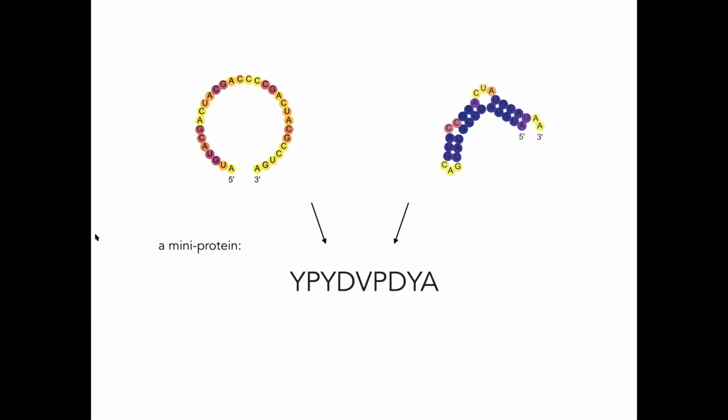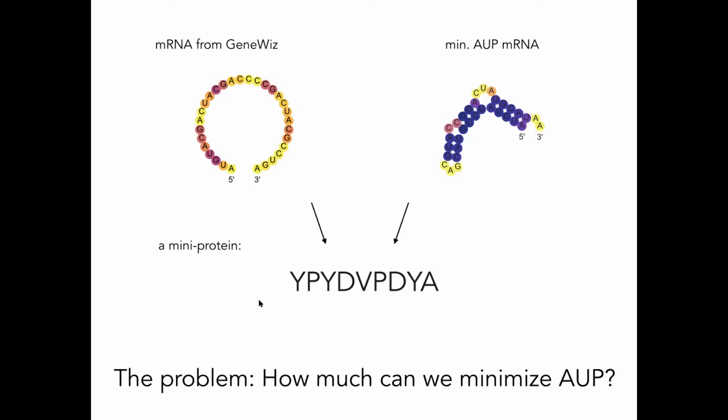And so this mRNA on the left is actually what you get from a commercial vendor if you just ask them to optimize the RNA molecule for this. And this one on the right is actually the minimum AUP mRNA that you get for this toy protein, which we can get because it's so short that we can enumerate all of the possible mRNAs. But for anything longer than about this, we can't enumerate them anymore. And so then it becomes an open question, which is how much can we minimize this AUP measure?